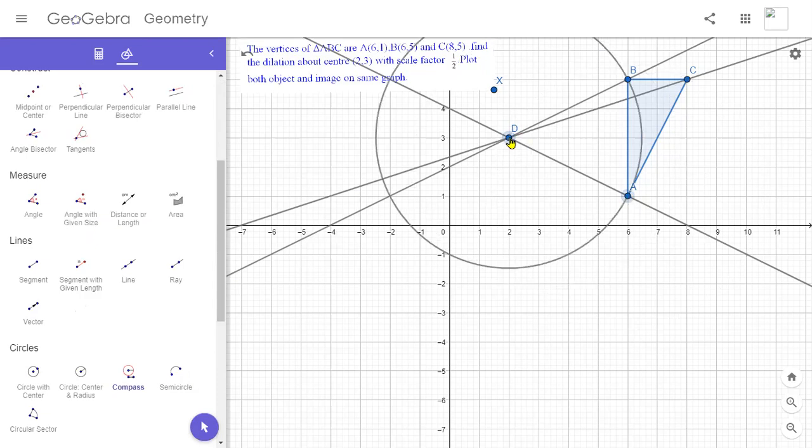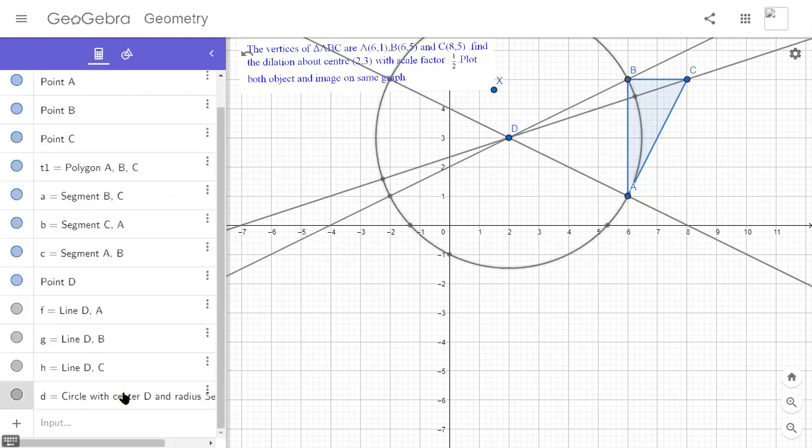And we have to take the half. This is the circle drawn from this point, and we have to make the circle with the radius exactly half of DA. Let me change the radius of this circle to half. Half means 0.5.